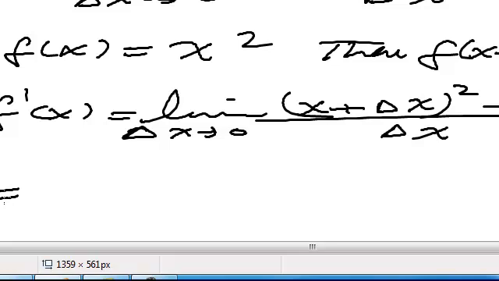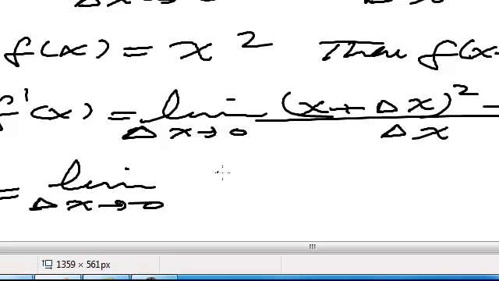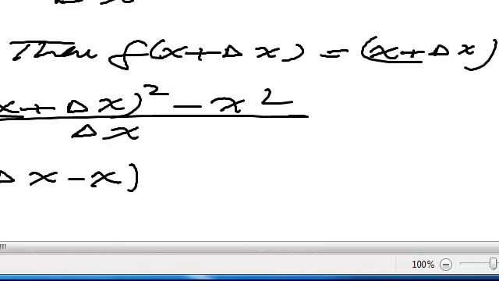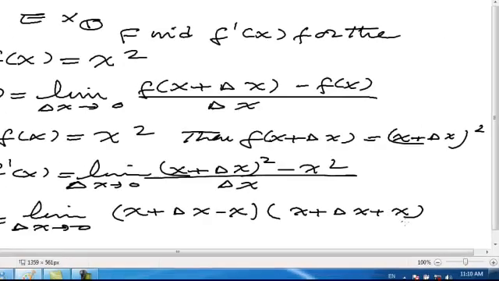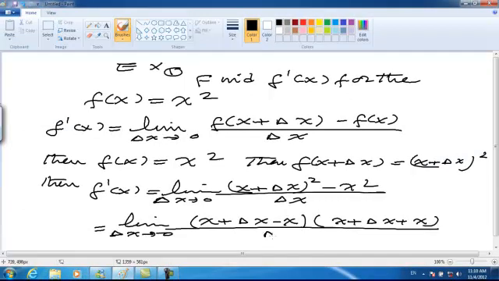Factorizing the numerator as a difference of squares, we get the limit as delta x tends to 0 of x plus delta x minus x, multiplied by x plus delta x plus x.